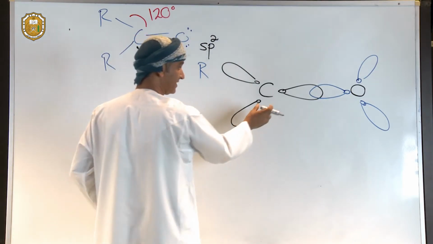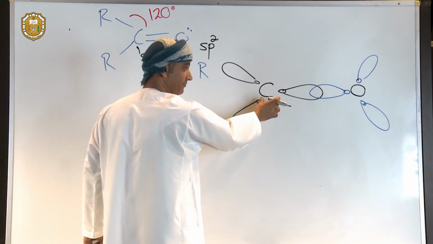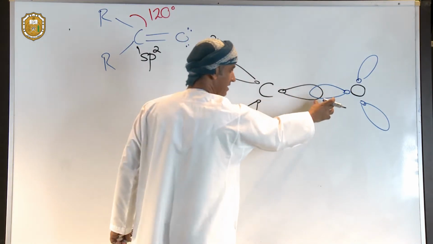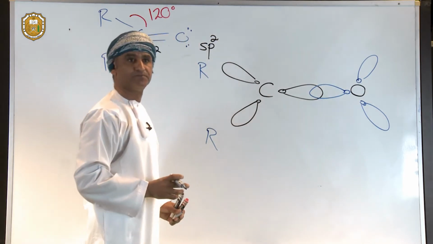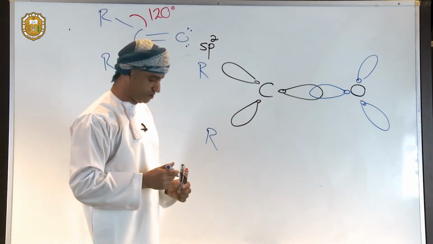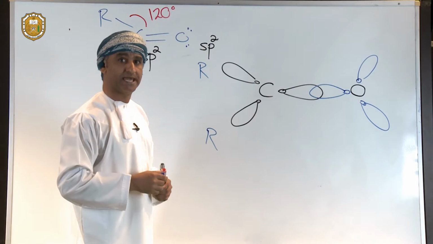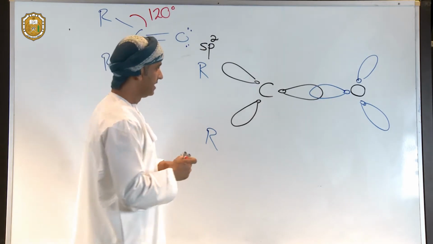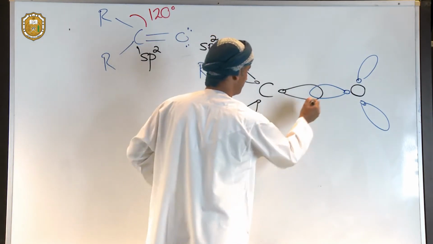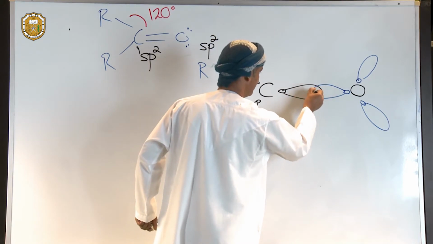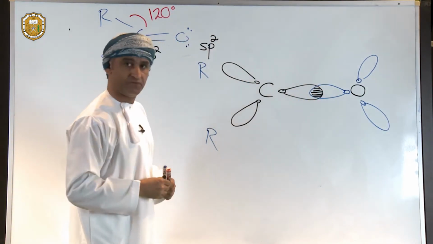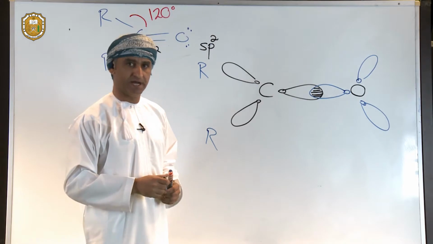Now, if you notice, the sp2 hybrid orbital from carbon overlaps with this sp2 hybrid orbital from oxygen. This is a head-to-head overlap again, or end-to-end overlap, which is represented by this point of overlap, indicative of formation of a sigma bond.